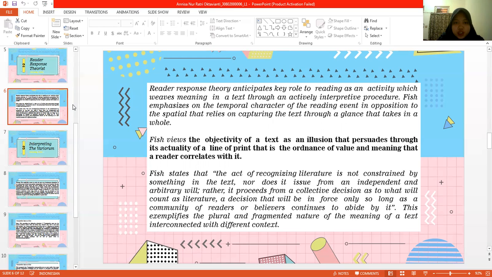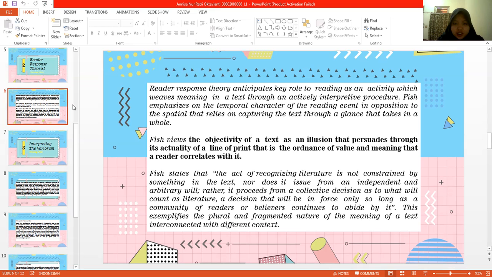Fish emphasizes the temporal characters of the reading event in opposition to the spatial that relies on capturing the text through a glance that takes in a whole. Fish views the objectivity of a text as an illusion that persuades through its actuality of a line of print that is the ordinance of value and meaning that a reader correlates with it.